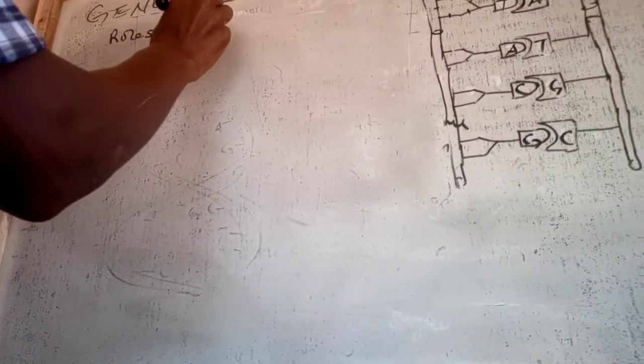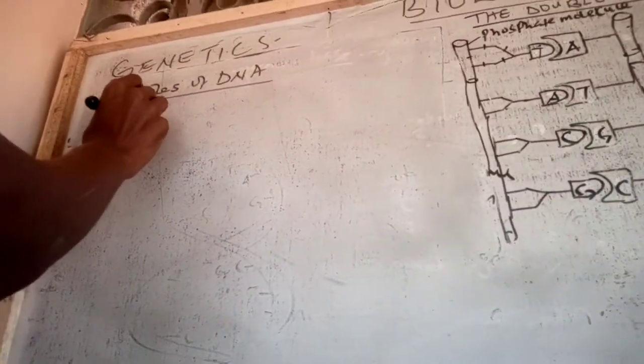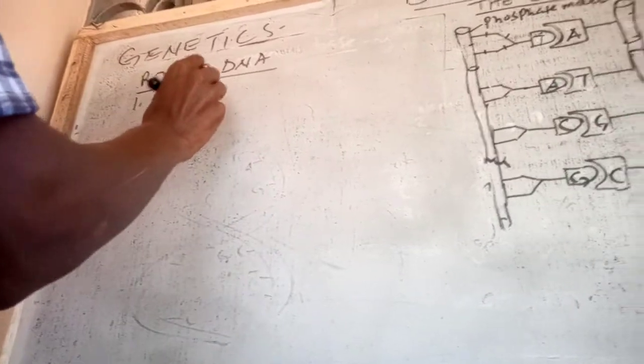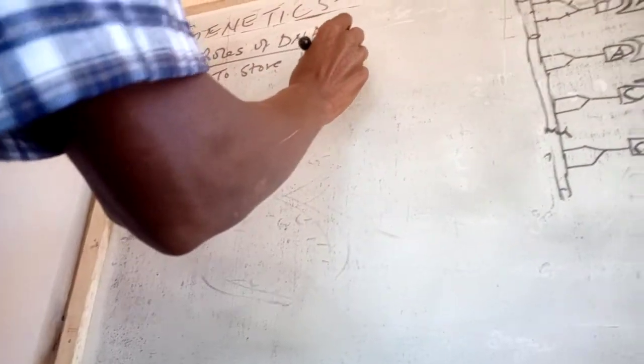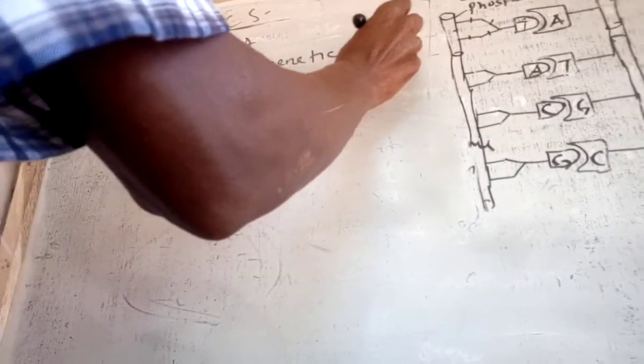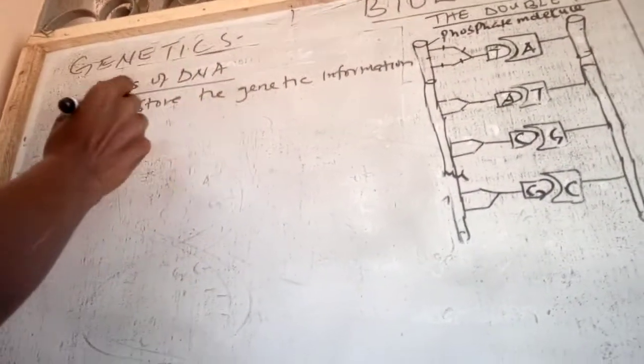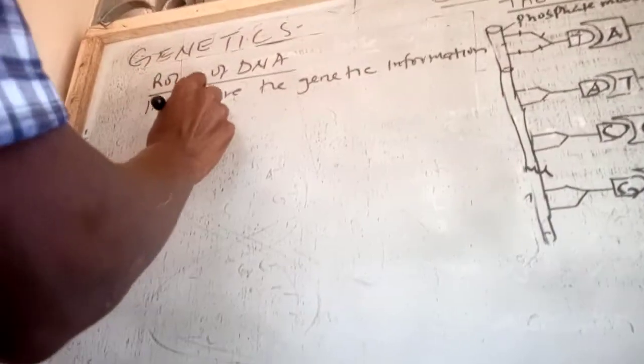So the roles of DNA. The first one is to store the genetic information in a coded form.